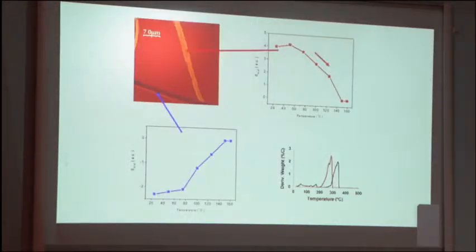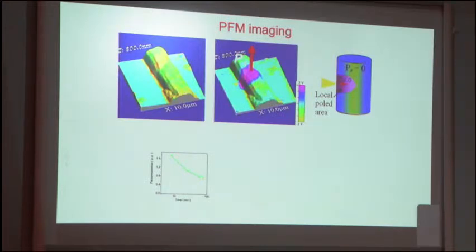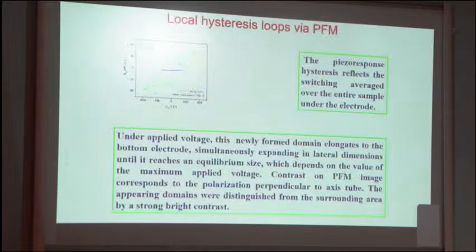This measurement correlates with macroscopic measurement, but it is not zero piezo response. When we apply voltage in the high-temperature phase, we see ferroelectric properties, and it's possible to create new domains.